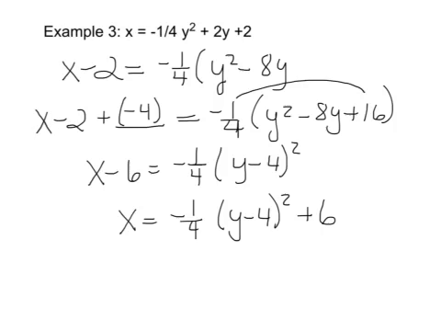Now on to example 3. This one's a little bit challenging. As you can see, the coefficient of the squared term is negative 1/4, so that in itself is a little challenging. So let's start with our first step. Subtract the 2 from both sides. And then if we're going to factor out this negative 1/4, that will come out and we'll be left with y squared.